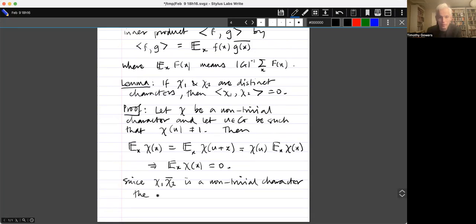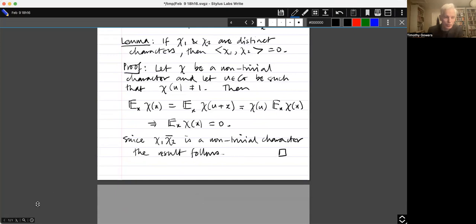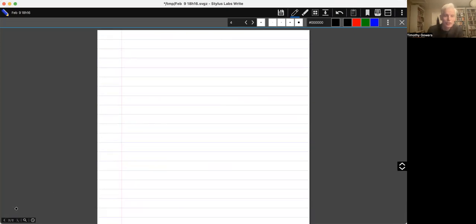The result follows, and if you don't immediately see why I said that, just notice that the inner product of chi1 and chi2 is the average over x of chi1 of x times chi2 bar of x. That's exactly the average of this thing, and this was a non-trivial character, and this tells us therefore that the average is 0. So that's a very useful fact, orthogonality of the characters.